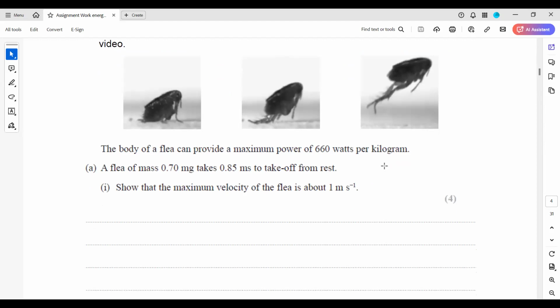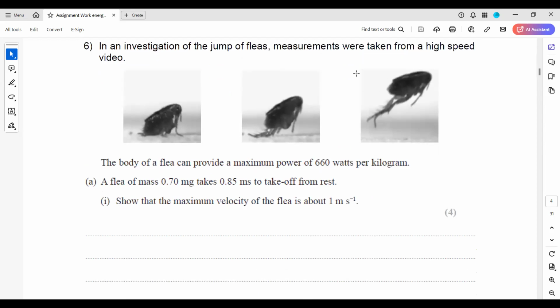This is the same kind of question, because the same idea we will use. We have power is equal to energy divided by time. As the flea starts to move, which form of energy will it have?